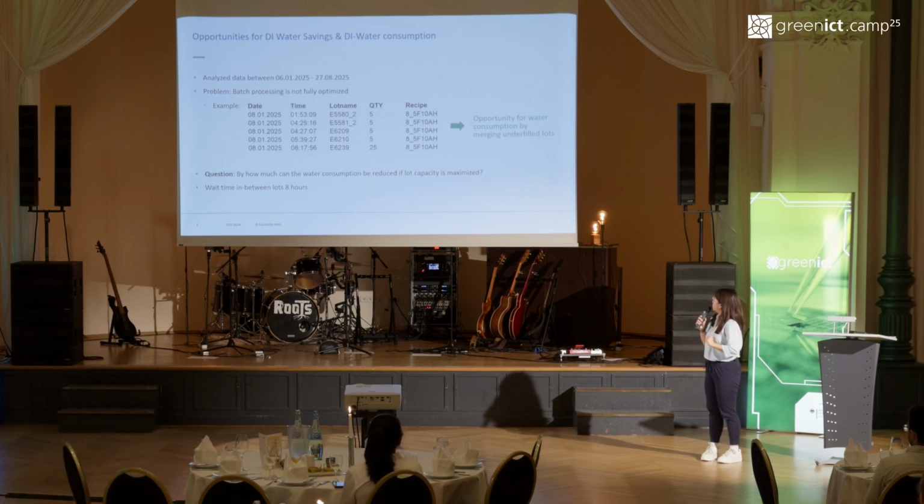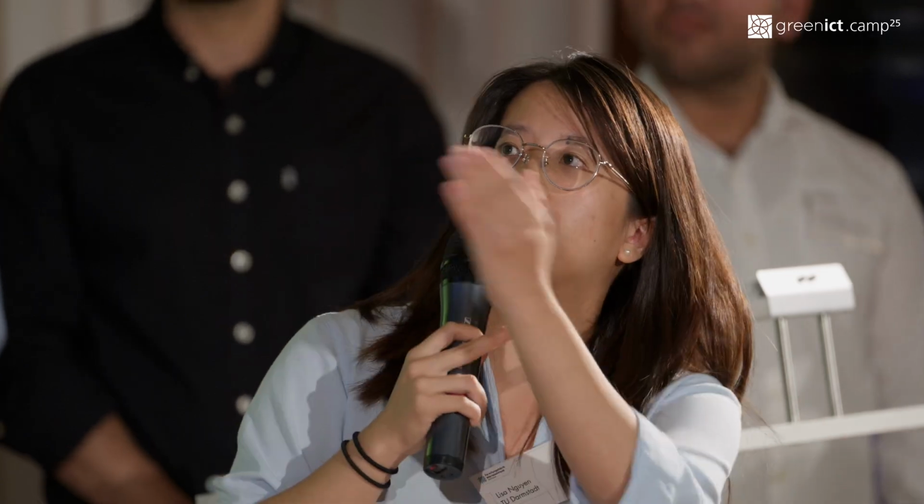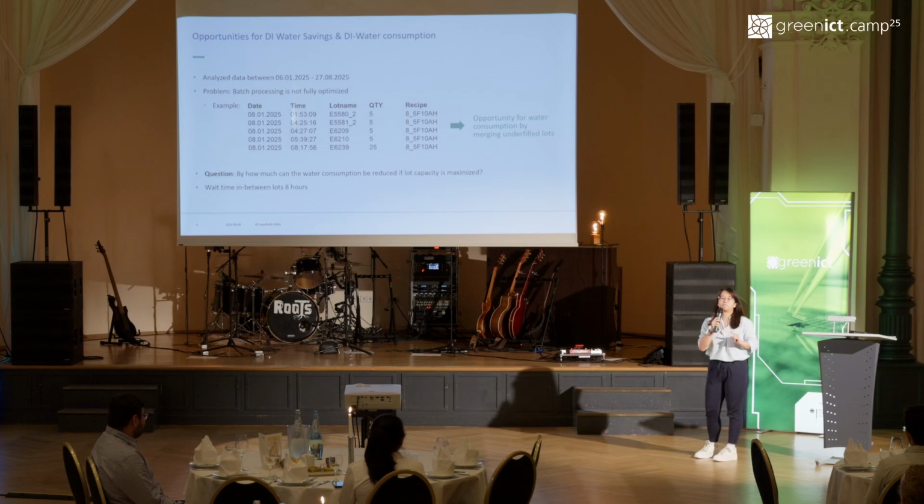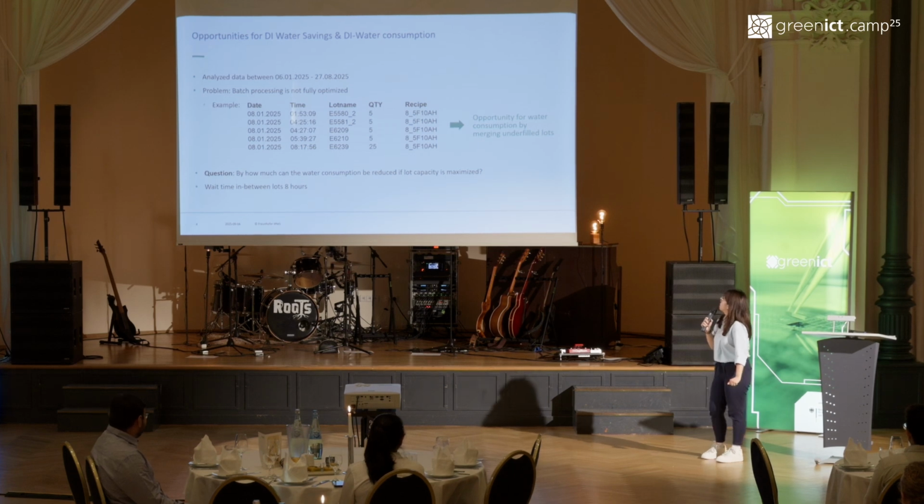The data we received first contained information on the exact date of the processing of a batch of wafers, and at which time those wafers were being processed, and the name of basically the box of wafers, which is referred to as a lot, and the quantity of wafers inside one lot, and which recipes they were using.